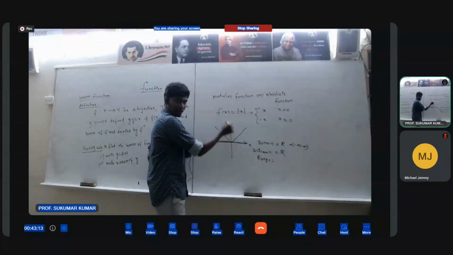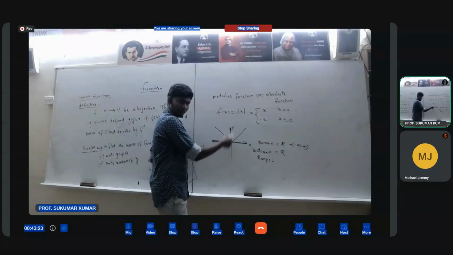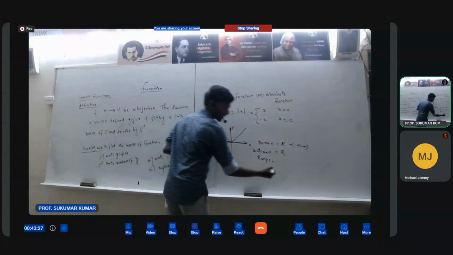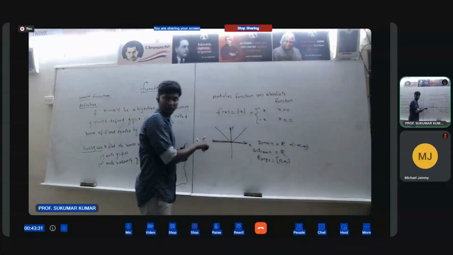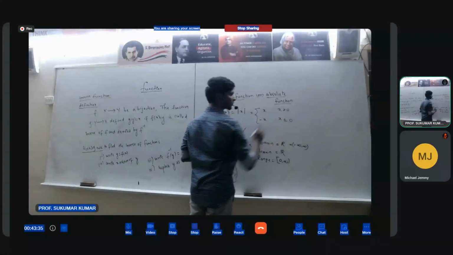The range is 0 to infinity only. Minus infinity is not mapped, right? 0 is included, so 0, comma, infinity. Got it now? This is the modulus function, or absolute function.